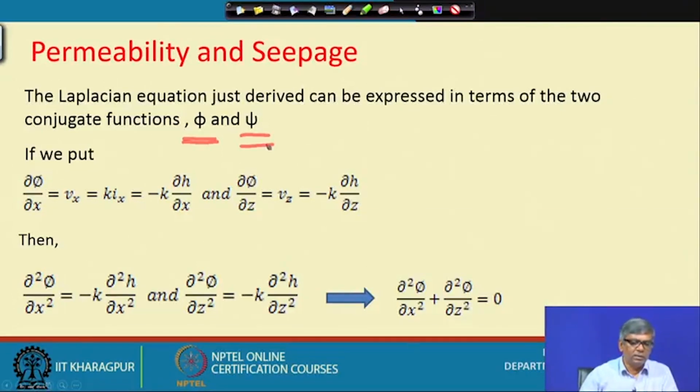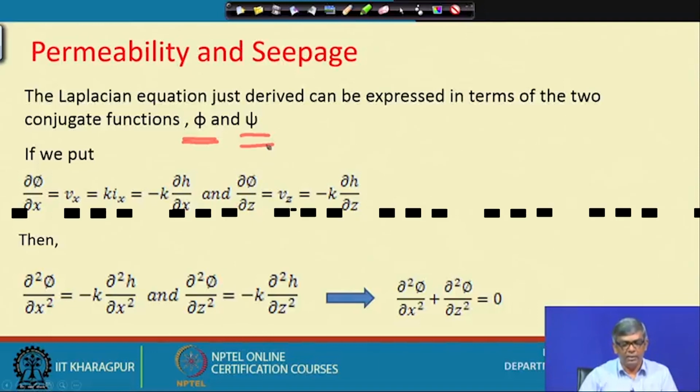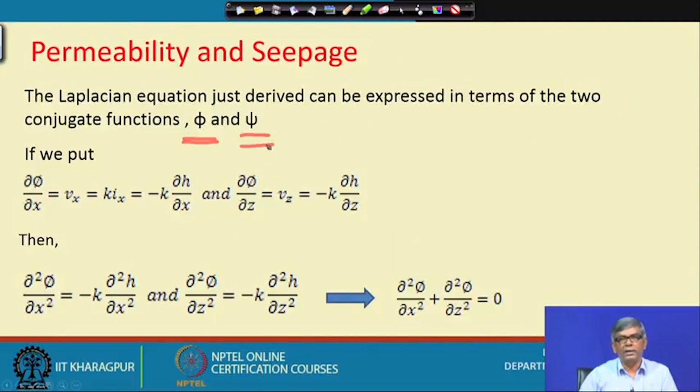We can prove that these 2 functions meet each other at right angles. That can also be proved, but we are not going into that. The only thing is that phi and psi follow the Laplace equation, which can be shown.